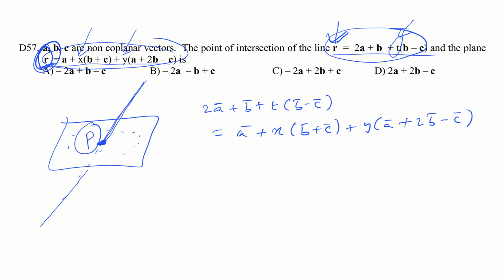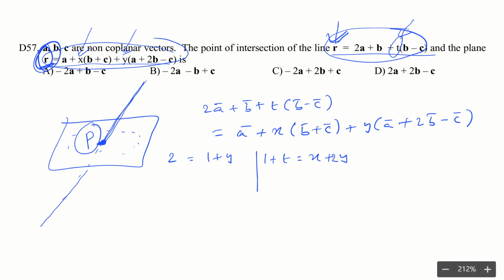Okay, now as a bar, b bar, c bar are non-coplanar vectors, I can compare the corresponding coefficients. Comparing coefficients of a bar on both the sides, 2 is equal to 1 plus y. Comparing coefficients of b bar on both the sides, I get 1 plus t is equal to x plus 2y.